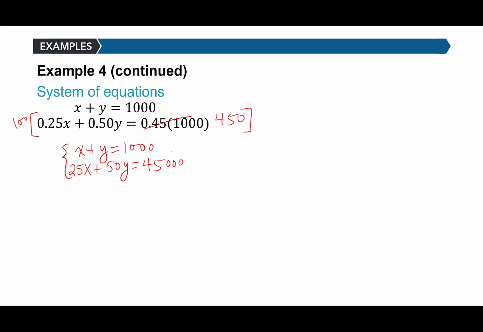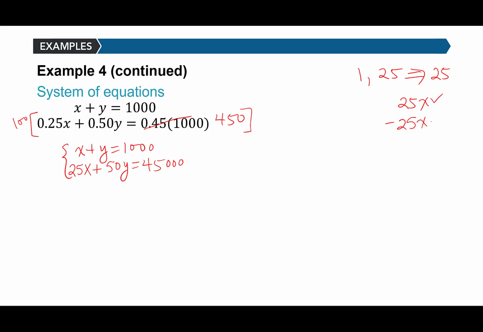Now we need to choose: do you want to eliminate X or do you want to eliminate Y? I'll just choose to eliminate X. So we need to find a common number between the coefficients 1 and 25, and that common number is 25. Remember, we need to have a 25X and a negative 25X as coefficients. We already have the 25X in the second equation.